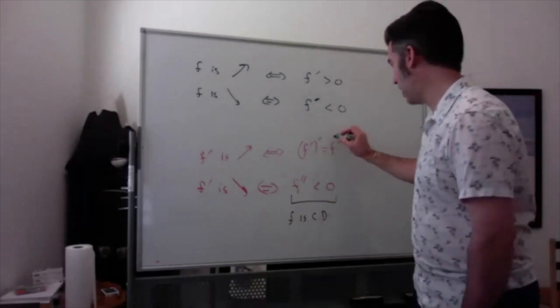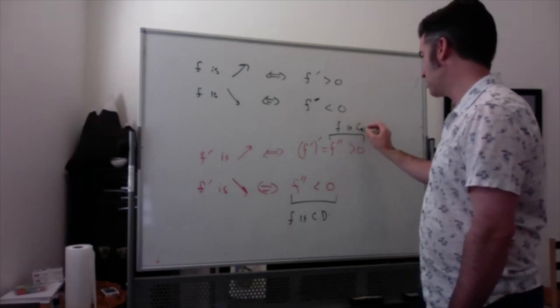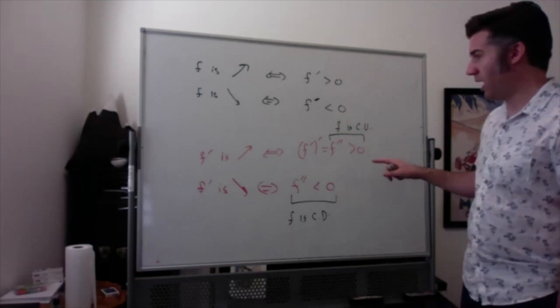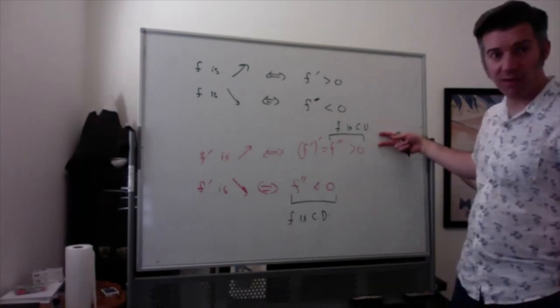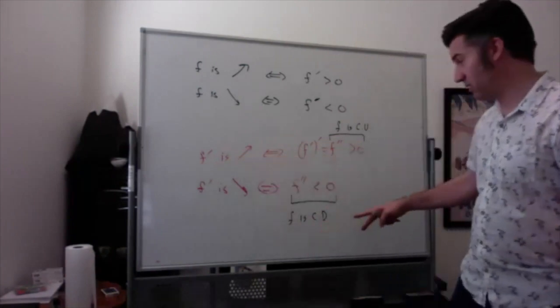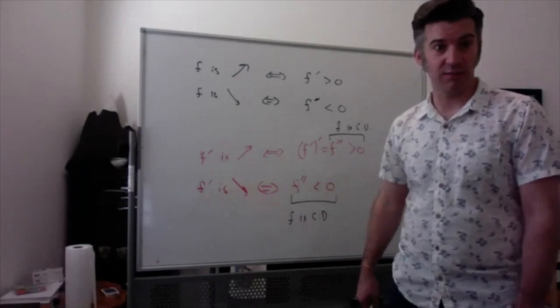And if f double prime is positive, you're saying that the original function f is concave up. So what we can say is, I can tell a function is concave up if the first derivative is increasing. I can tell a function is concave down if the first derivative is decreasing.